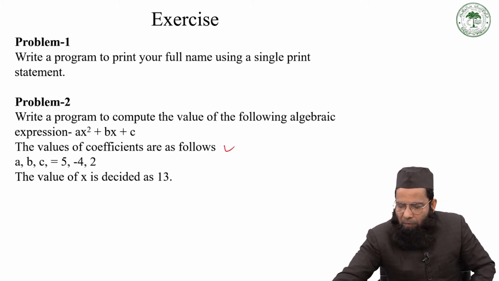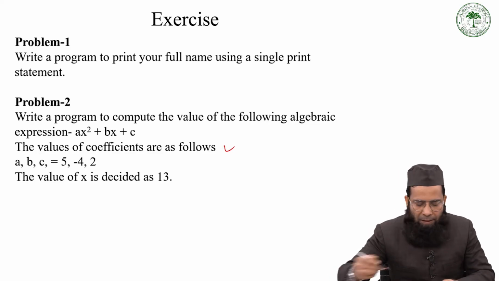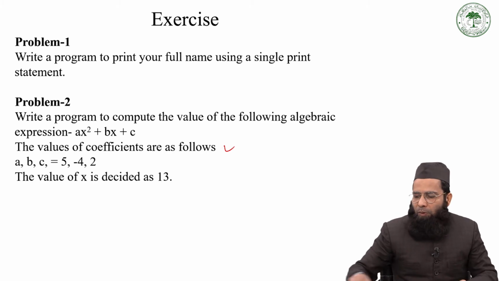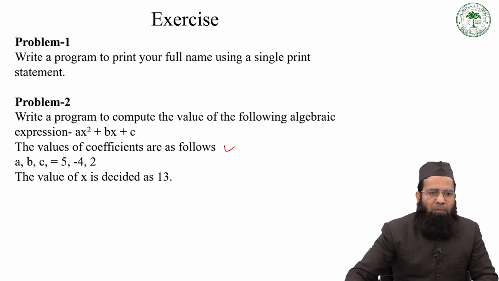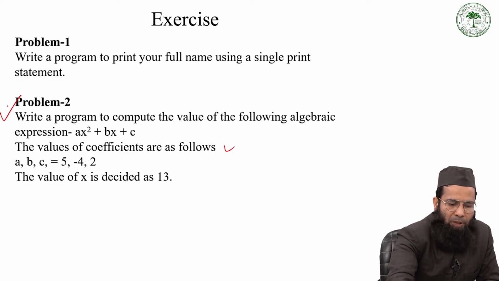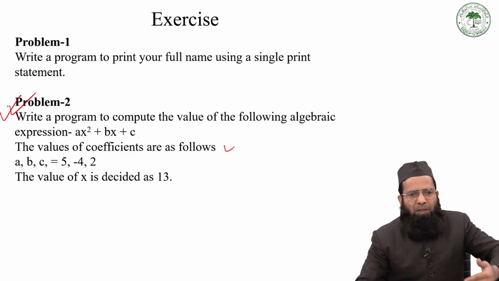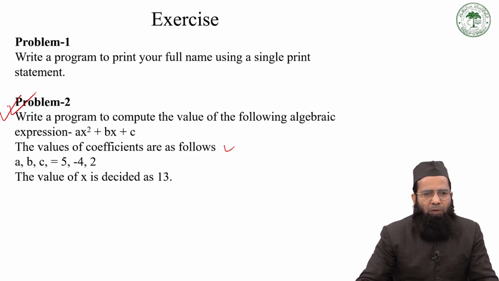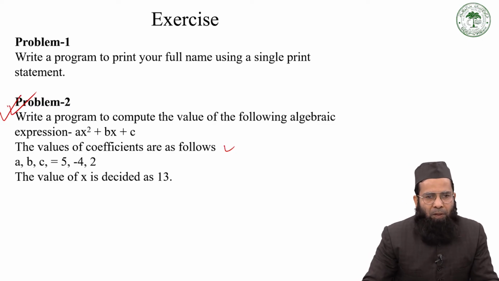Now, I will open IDLE where I will show you how you can solve this particular problem. Problem number 2 is very simple. Just use print and you can display your full name. Let me open the IDLE.